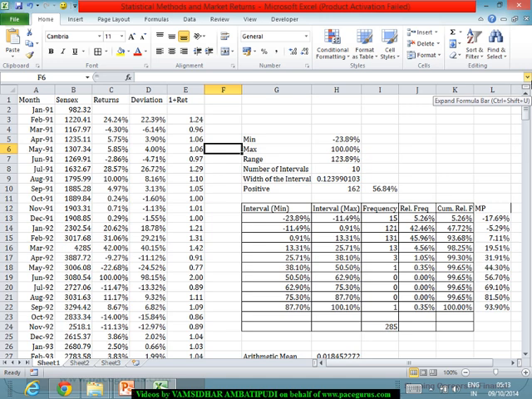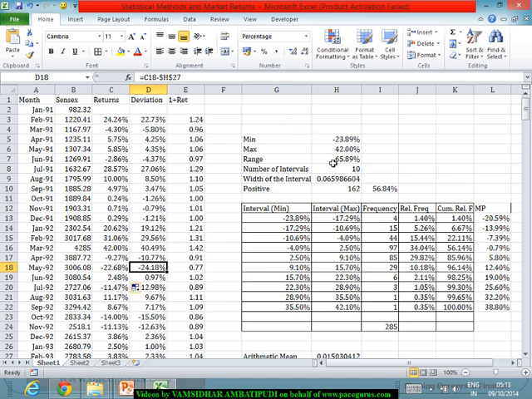So the worst case could be minus 100%, which when I do 1 plus Ri, can become 0. It cannot become negative at all.